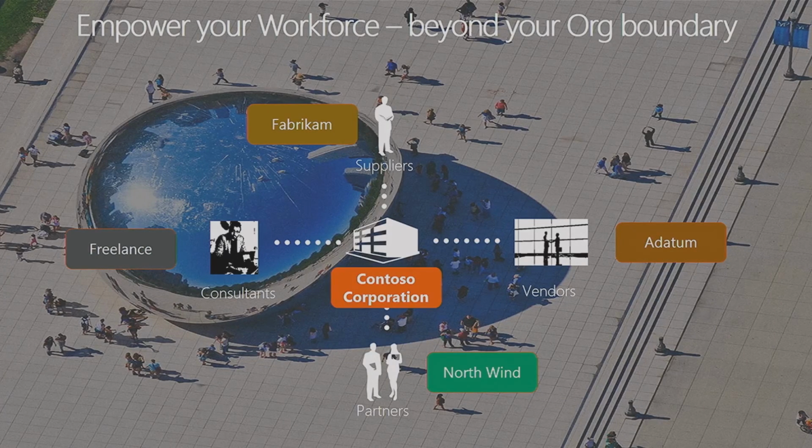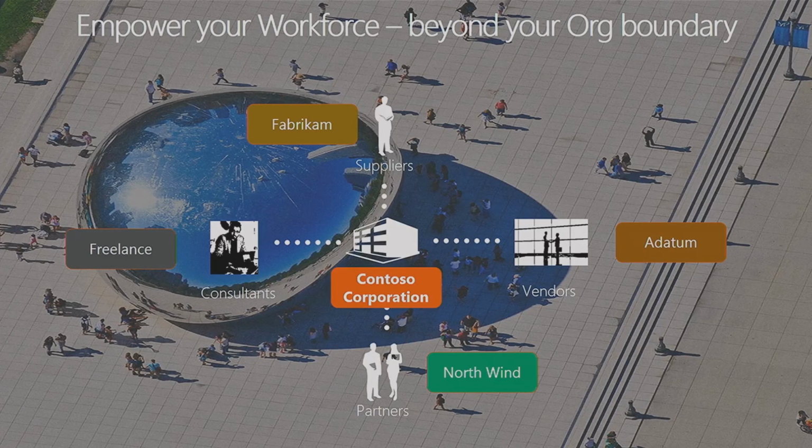An auto manufacturer has to work with auto parts suppliers and vendors, perhaps consultants for their marketing launch, a product launch. So there are a lot of efforts happening outside of your organization, not only with parts suppliers, but also other auto manufacturers. You may want to collaborate with them when you go out.